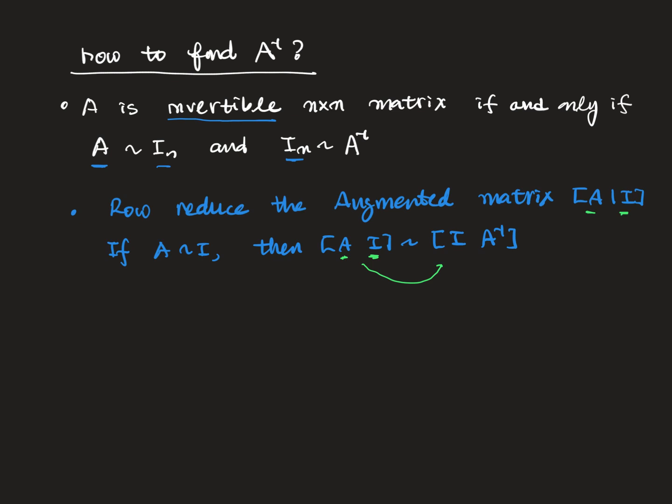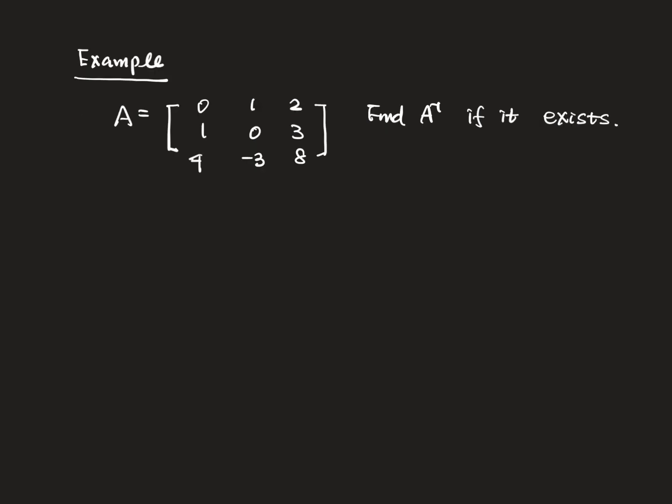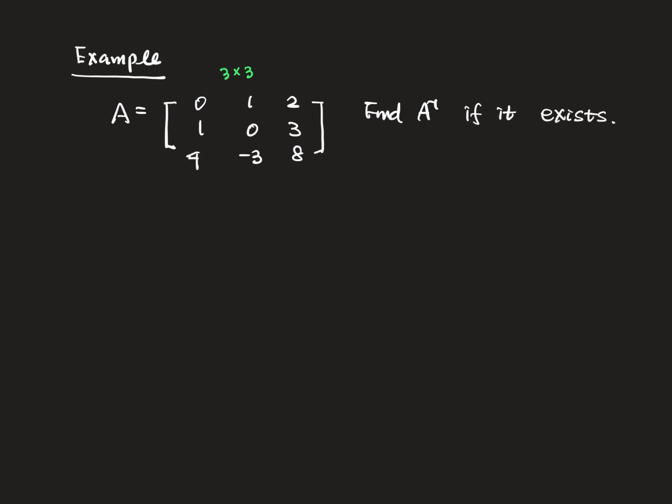Let's do this algorithm for a 3 by 3 matrix. A is a 3 by 3 matrix. A is invertible, meaning A changes to I3, and I3 changes to A inverse. That's what the theorem says, right? So we're going to do it this way, guys.